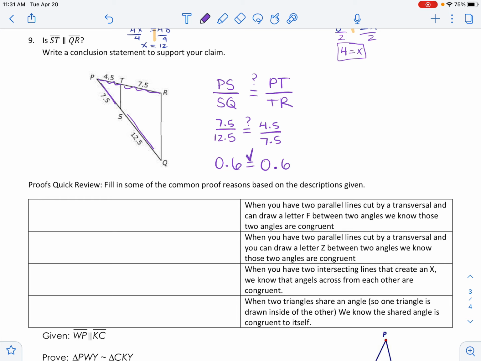So now we see that they are in fact proportional. And so therefore, yes, ST is parallel to QR because they create proportional pieces.